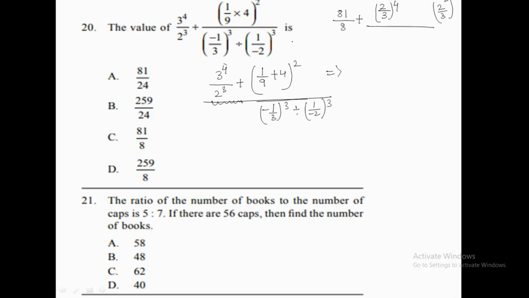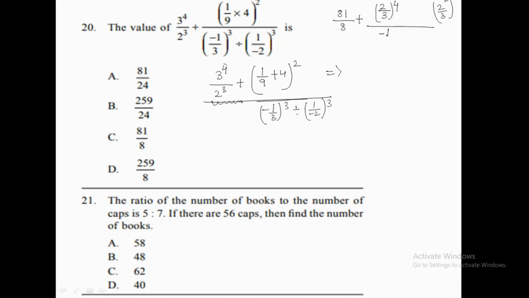Now, what is given? Minus 1 by 3 whole raised to the power 3, and we need to divide it by 1 by minus 2 and whole raised to the power 3. What we can see over here is that the powers are the same and the bases are in division.